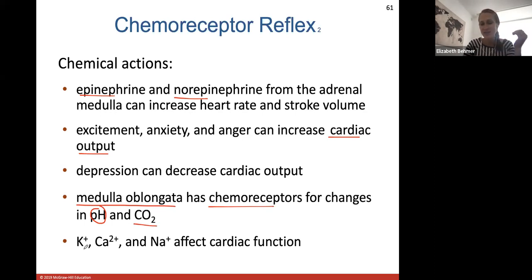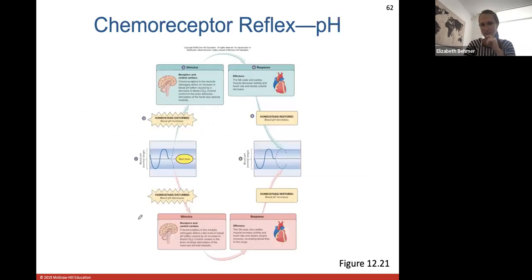Other ions that can affect cardiac function are potassium ions, calcium ions, and sodium ions. So again, the chemoreceptor reflex keeps track of all these chemicals, whether it's a hormone, epinephrine, norepinephrine, pH levels, cardiac output, or potassium, calcium, and sodium. And this is just a look at how the chemoreceptor reflex controls pH.